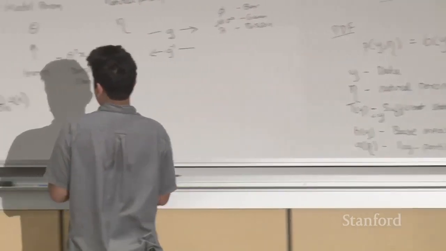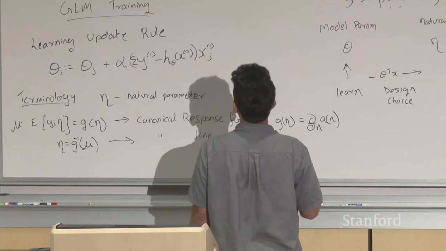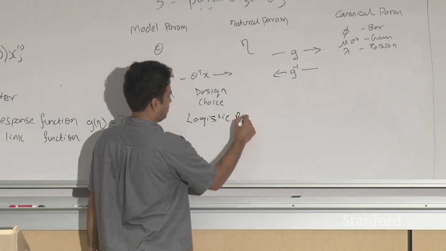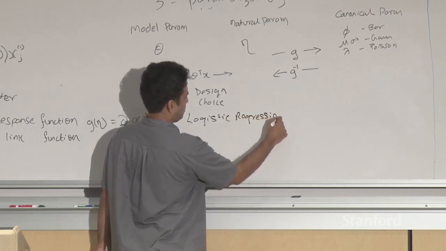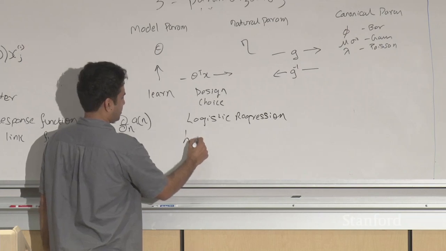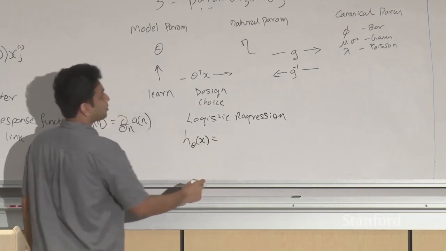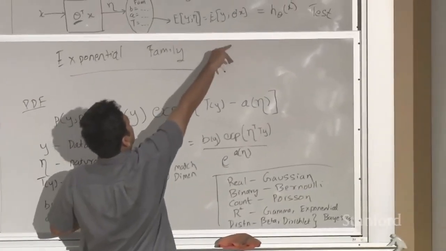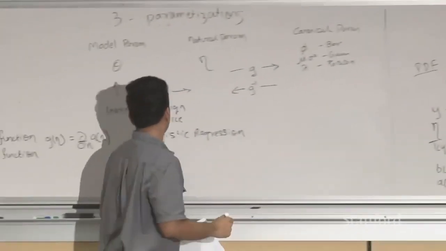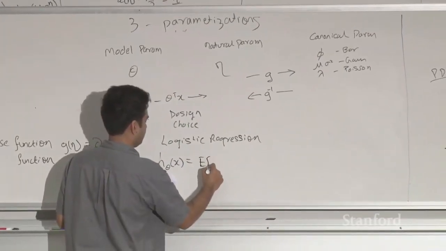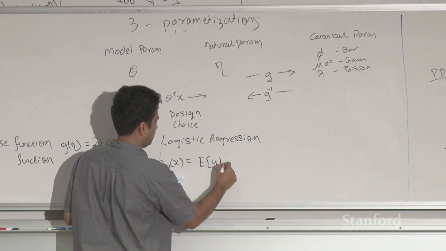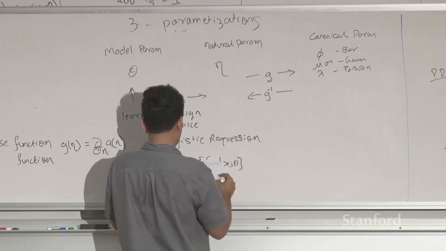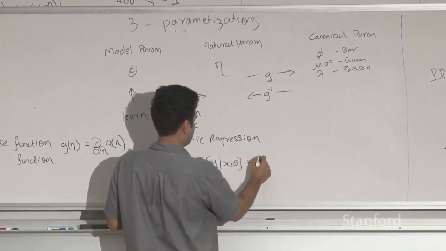So now it's actually pretty clear, when you're doing logistic regression, h theta of x is the expected value of y conditioned on x and theta, and this is equal to phi.